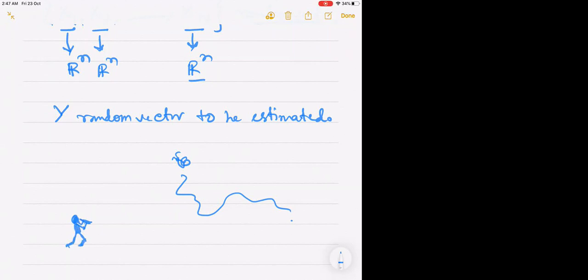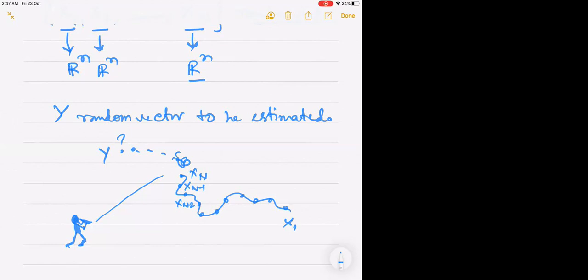It has measured these positions of the fly at various time instants. It would like to predict where this fly would be at the next instant. So these could be xn, xn minus 1, xn minus 2, and so on up to x1. And this could be y. This y is what we would like to predict.